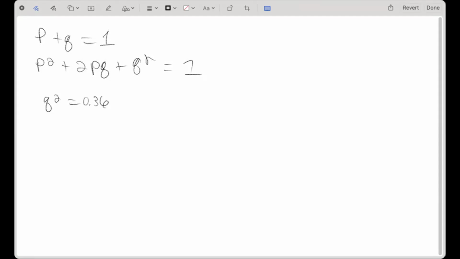One of the first things you always want to do is find the value for p and q. In this case, if q squared is 0.36, q equals the square root of 0.36, which equals 0.6. So we just found the value of q, 0.6. Remember our first equation of p plus q equals 1. In this case, p must be 0.4.